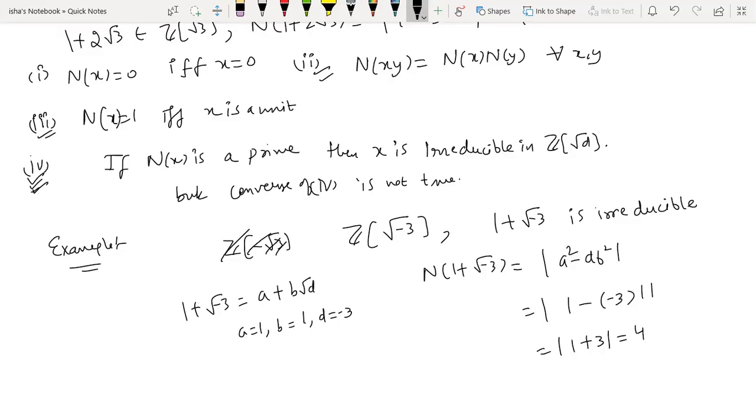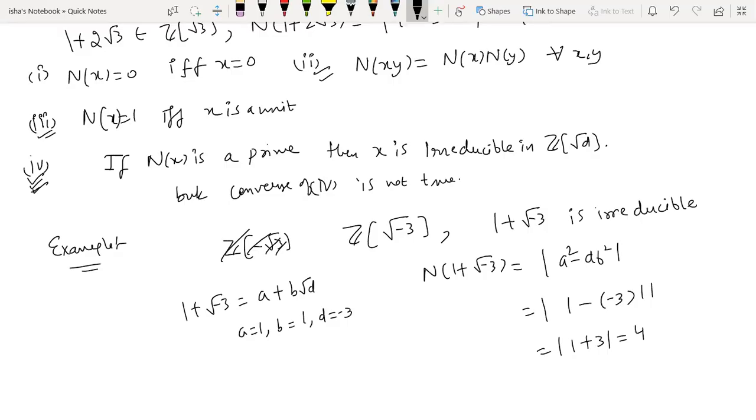Yeah. So, okay, let me see. Okay, maybe this example was not for this particular property. We need to have a different example.